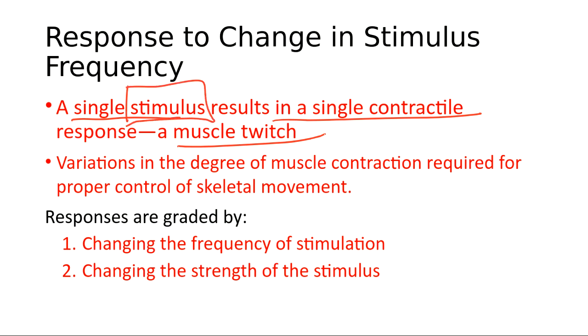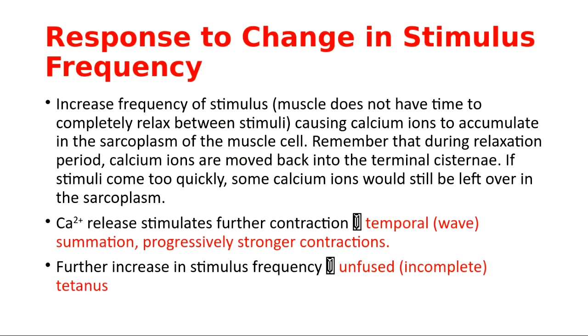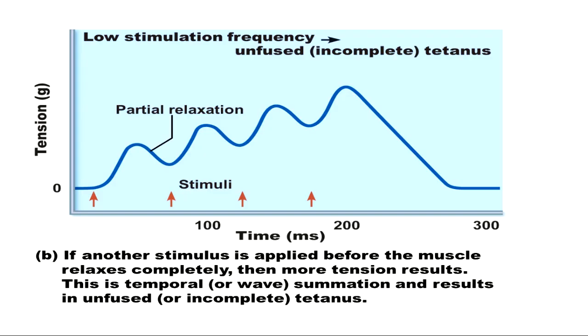So we're going to change the strength of the stimulus to see what happens. What if the frequency of the stimulation changes? So let's look at what happens when we change the frequency of the stimulation.